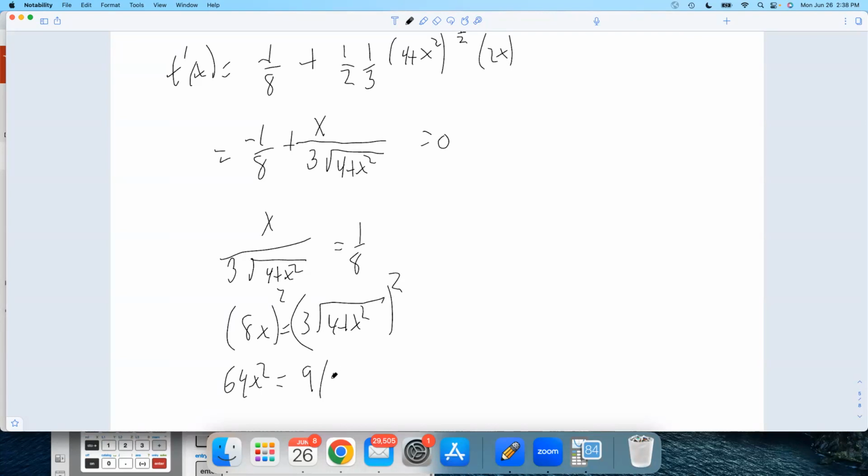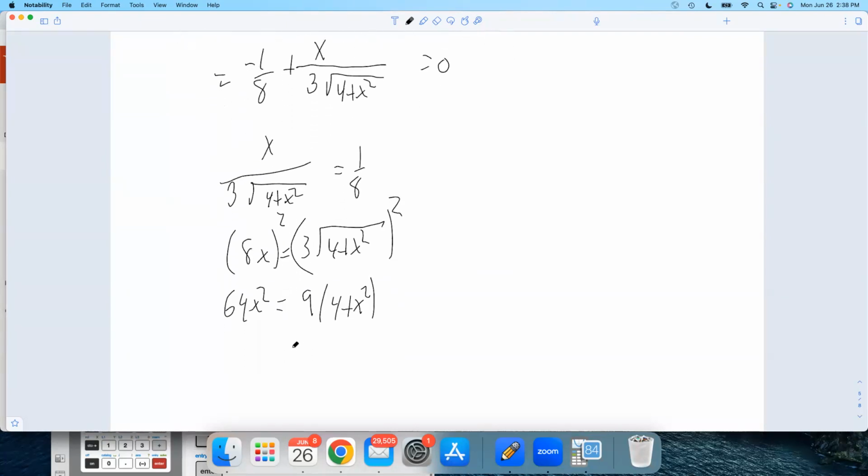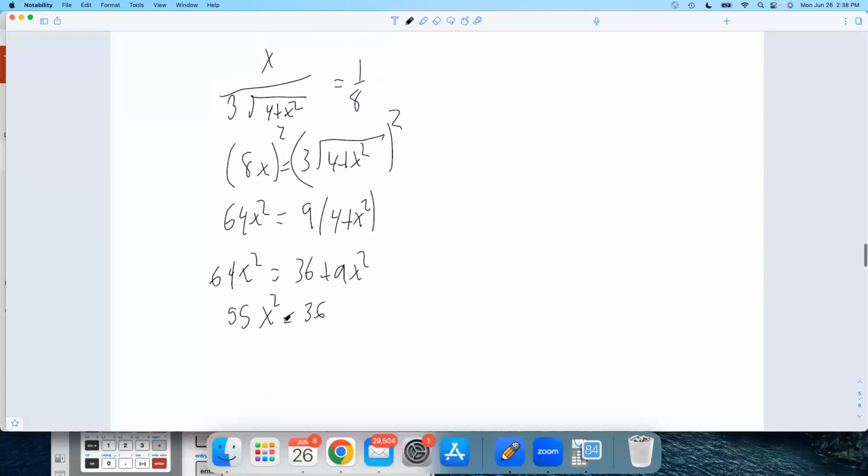Square root of junk squared is just junk. That's a quadratic, and it's actually a pretty easy quadratic. I can use the square root property here. I get 36 plus 9x squared. Move everything over. I think that's 55 x squared equals 36. So x squared is 36 over 55.